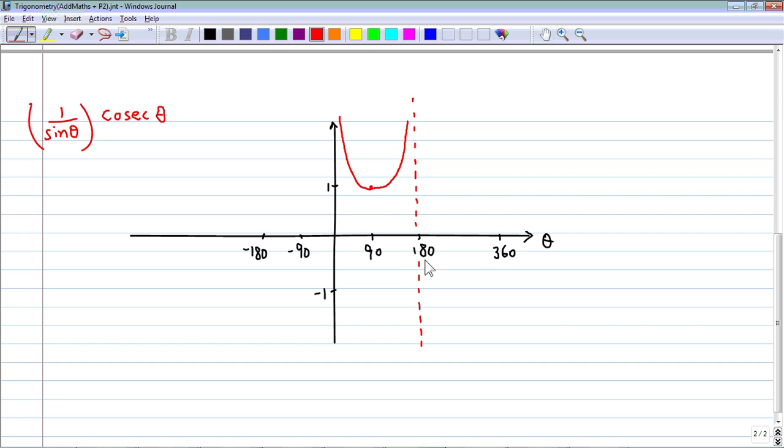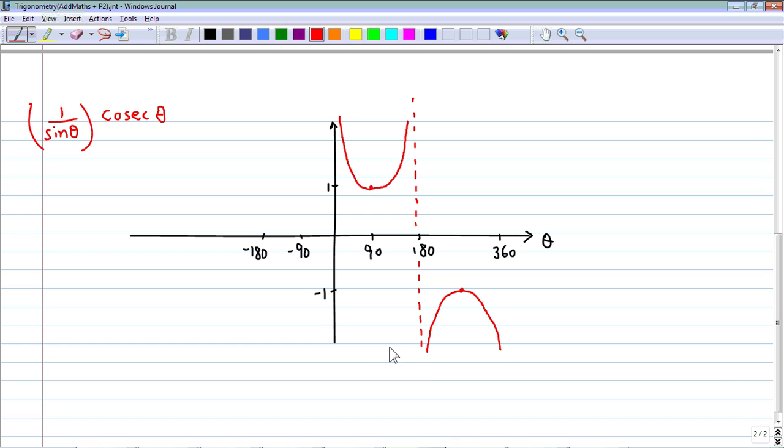Now what happens between 180 and 360? Well, in this region we know that sine theta is negative, but apart from that it follows the same pattern as it did between 0 and 180. It's just the negative version of it. So the graph will be just the negative version of the previous graph going like this.